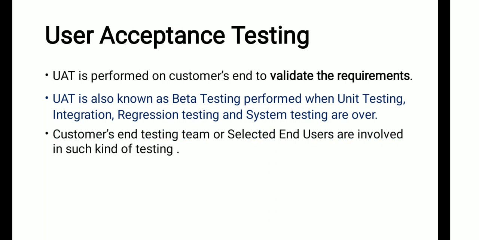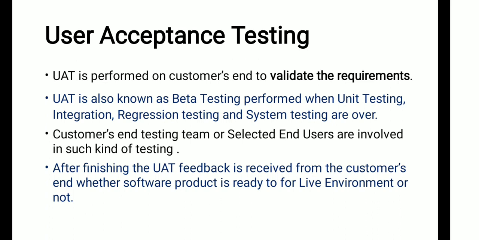Customers and the testing team or select end users are involved in such testing. After finishing UAT, feedback is received from the customer's end on whether the software product is ready for the live environment or not. So UAT feedback is given by the customer.